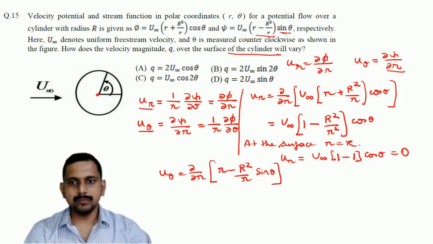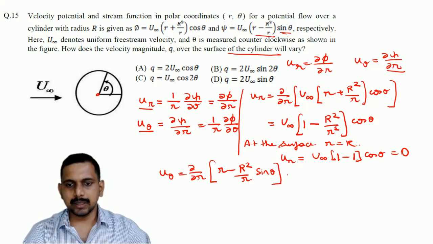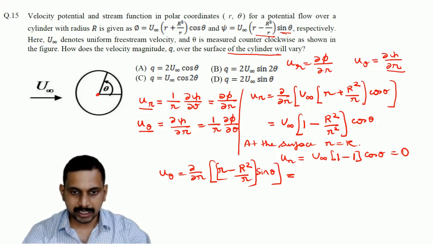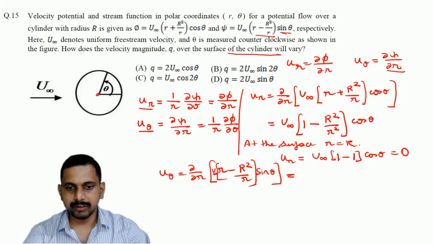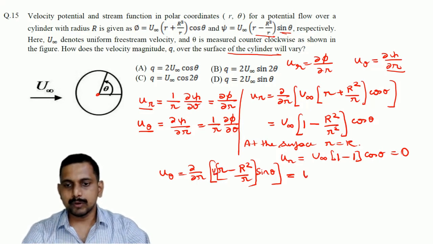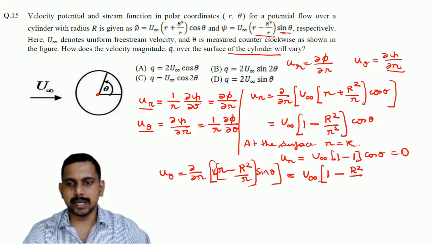I am sorry, I missed that u infinity here. That u infinity also has to come there. So we have u infinity, which is not a function of anything, so it comes out. So dou by dou r is 1 minus, when you differentiate R square by r, this minus comes here and becomes plus, into sin theta. Okay, so this will come.